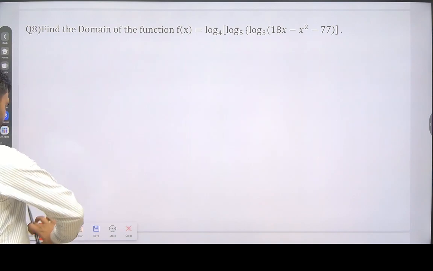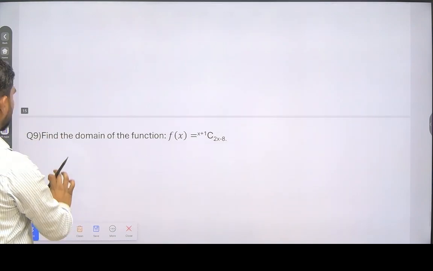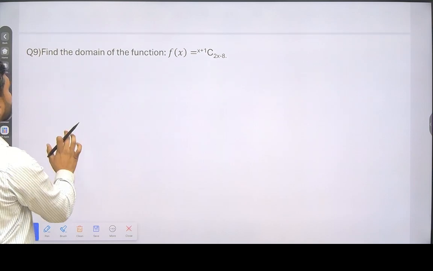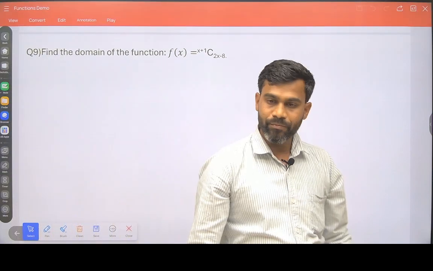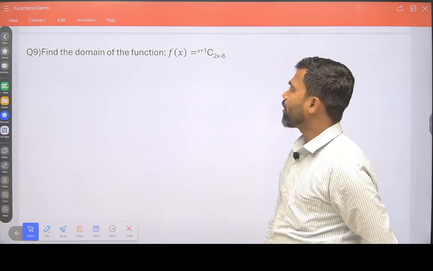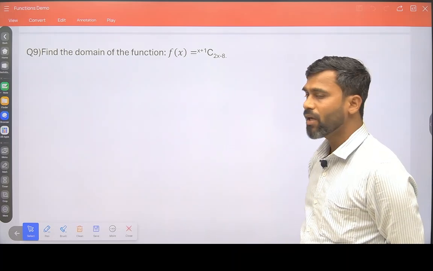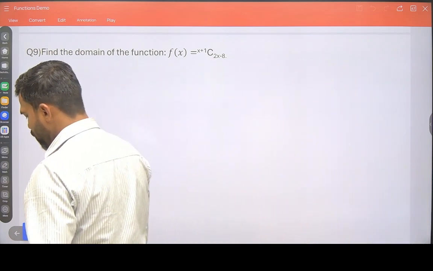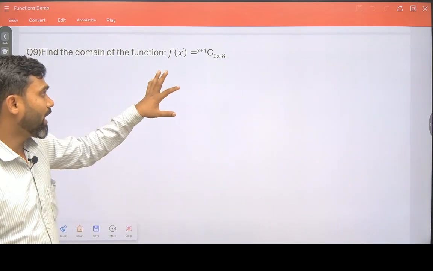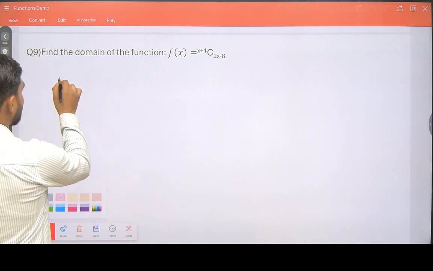Okay, so the last question, question number 9. Please read it carefully. What is the question? Very easy. Find the domain of the function f of x is equal to x plus 1 C 2x minus 8, right? So as we all know, this is nCr, right? So what is the condition for nCr?